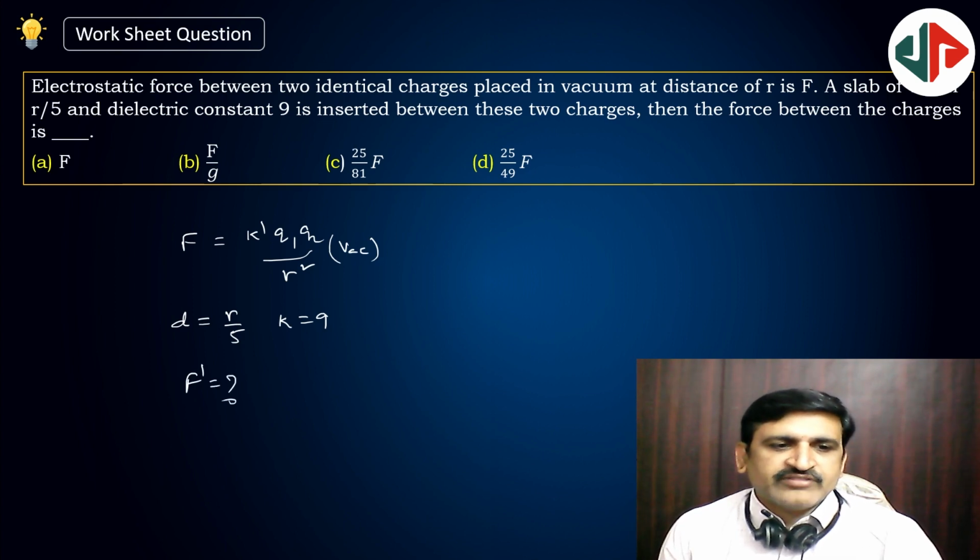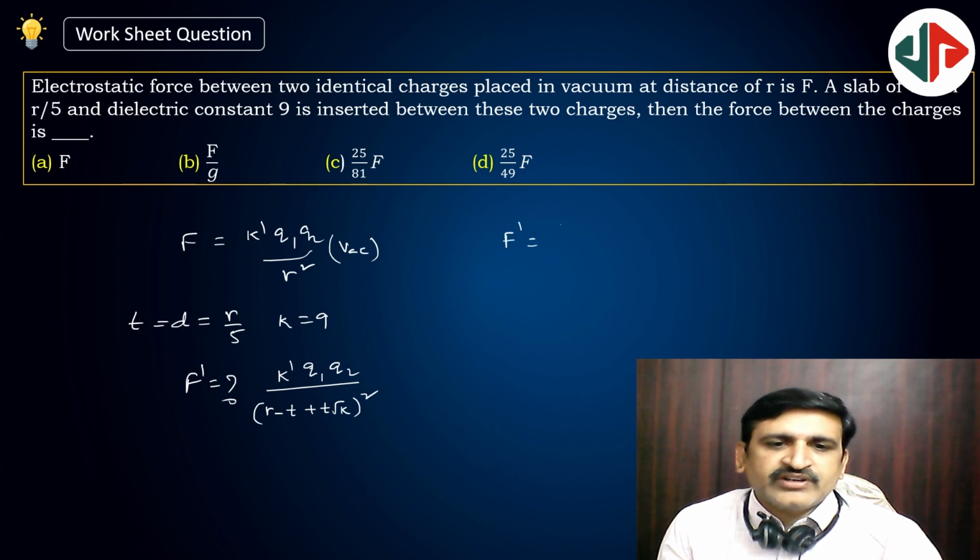F dash is equal to K dash Q1 Q2 by the effective distance, which will be R minus T plus T root K, whole square. So here D is only T. Now let me simplify this.